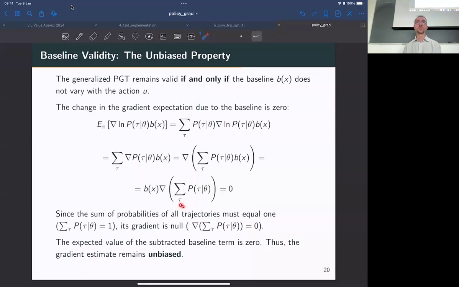But the summation of the probability of all possible trajectories is 1, because the summation of the probabilities must be 1. That's a property of any probability density function. And so I'm taking the gradient of a constant, which is of course null. And so this is 0.